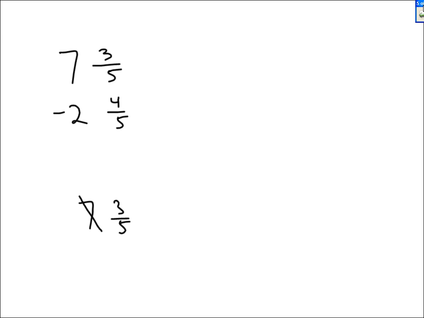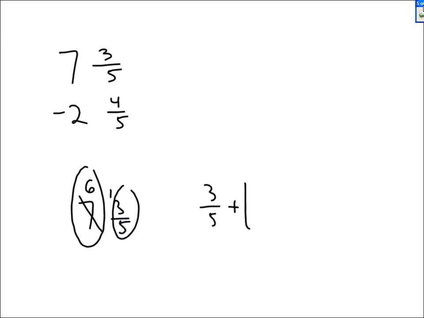Now, 7 3/5. If you borrow from there, some students may say, well, you make that 13/5. Well, if you borrow 1 from here, you can only add 1 there. If you have 3/5 and you add something, and I'll give you a hint, let it be over 5.